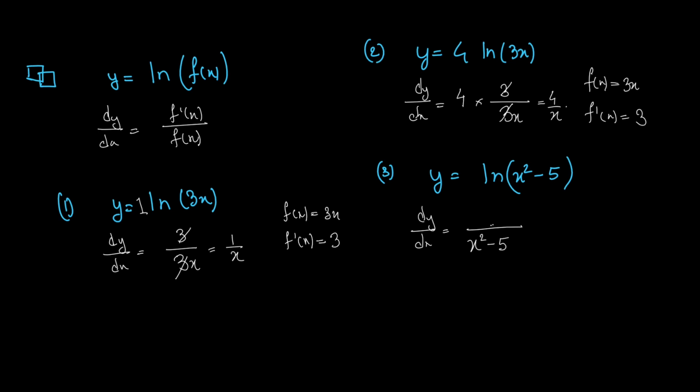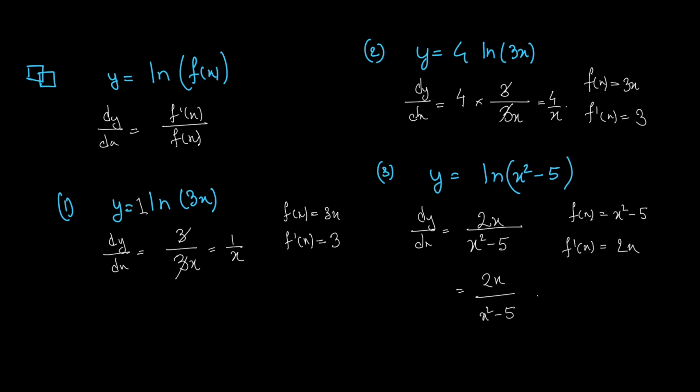We have to differentiate x squared minus 5 with respect to x. Differentiating this, we get 2x, and we can write 2x on the numerator. Now there is no way we can simplify this expression any further. So we write 2x divided by x squared minus 5. This is our answer.